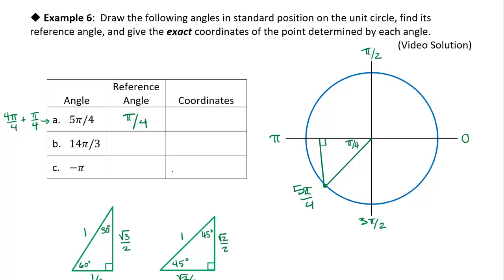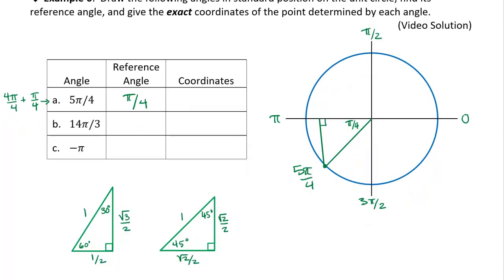All right. Now, I've copied down these triangles here. Let me scroll down just a hair more so we can see them better. All right, this is the same triangles I had in the last example.